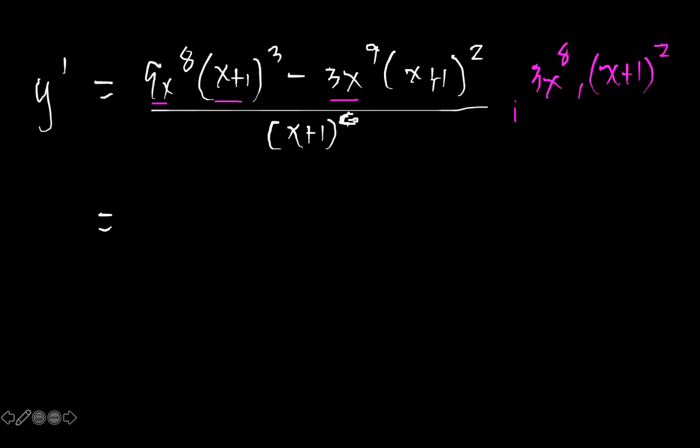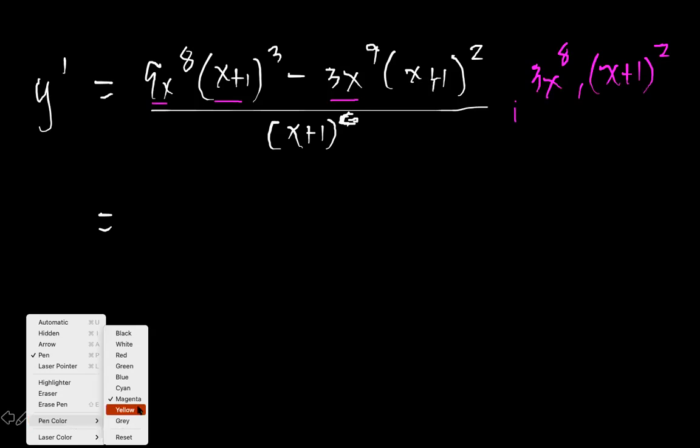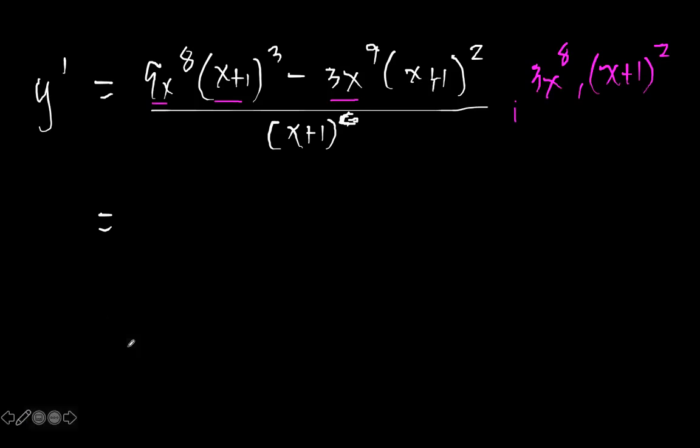So let's factor out these factors to simplify the given expression. And we have 3x raised to 8 and x plus 1 squared times, so let's divide.